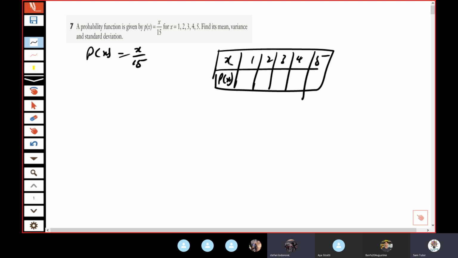When x is 1, you get 1 on 15. X is 2, 2 on 15. 3, 3 on 15. 4, 4 on 15. 5, 5 on 15. And then you would hope that when you add up all this, it gives you 1.